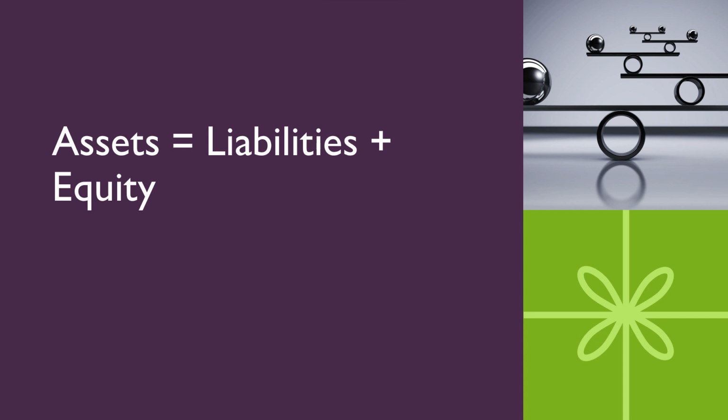Since every business transaction affects at least two of a company's accounts, the accounting equation will always be in balance, meaning the left side of its balance sheet should always equal the right side.